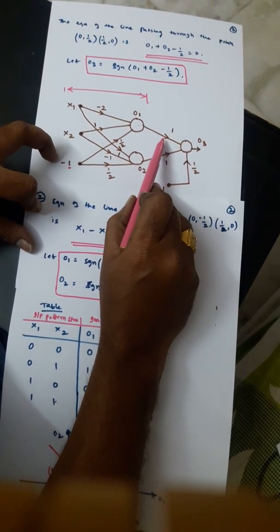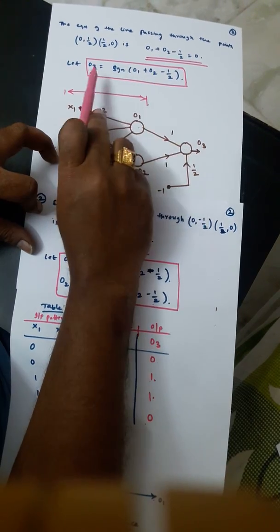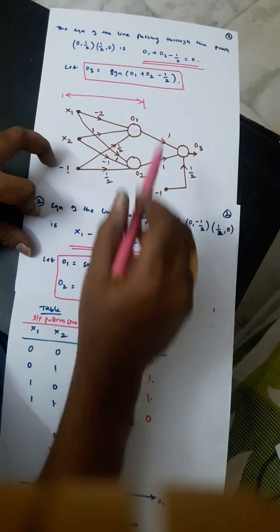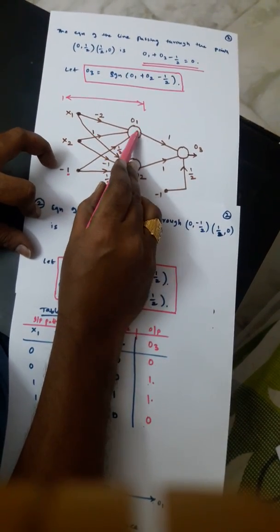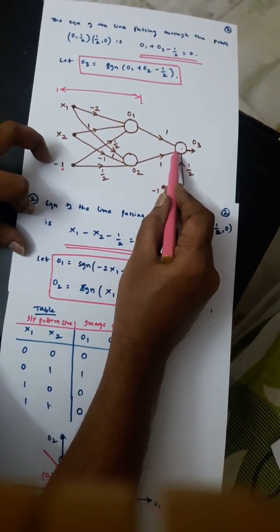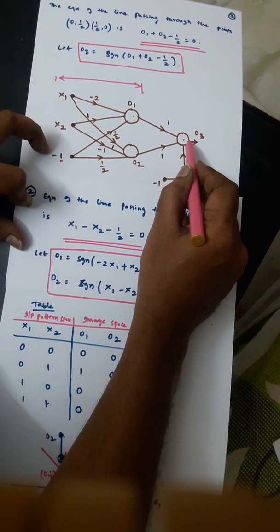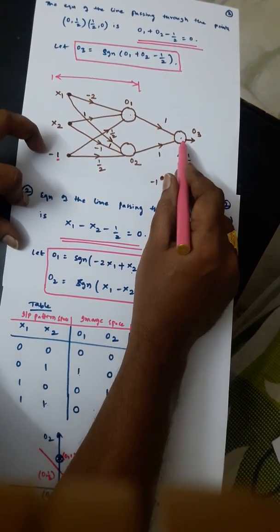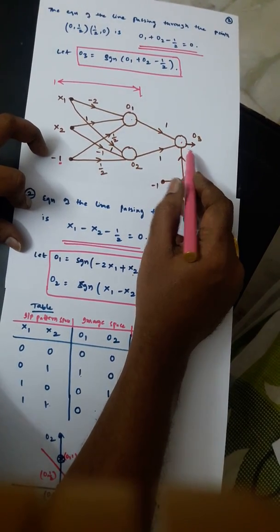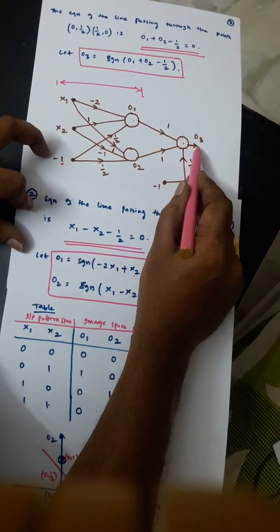O3 is signum of O1 into 1 plus O2 into 1 minus 1 into 1 by 2. So O1 into 1 is O1, plus O2 into 1 is O2, minus 1 into 1 by 2. So that is O1 plus O2 minus 1 by 2, which is nothing but O3. Okay, clear?